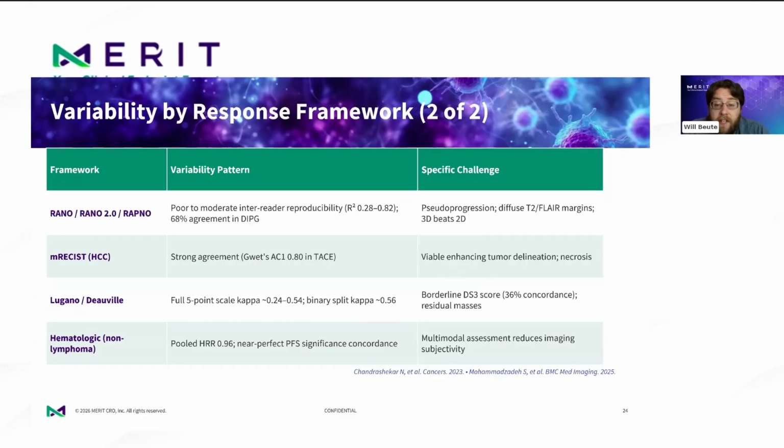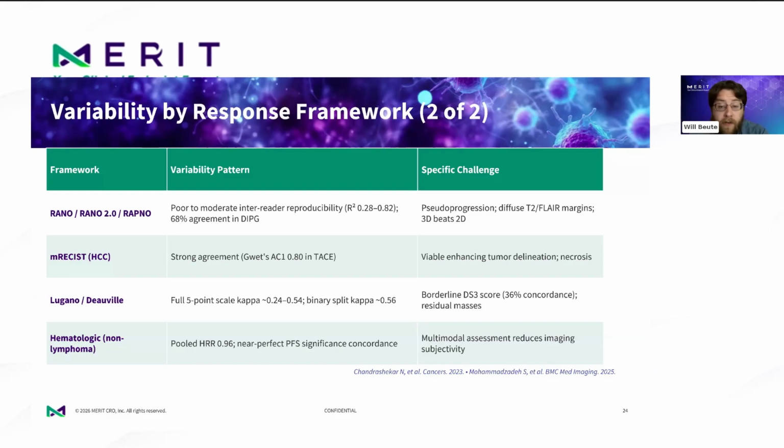The challenges in these areas are pseudoprogression plus diffuse T2 flare margins that are hard to delineate, which is why volumetric 3D assessment tends to beat 2D. mRECIST for hepatocellular carcinoma actually shows strong agreement with a Gwet AC1 statistic of 0.8 in the transarterial chemoembolization setting, though it depends on carefully delineating viable enhancing tumors as well as taking into account the necrosis of tumor cells.